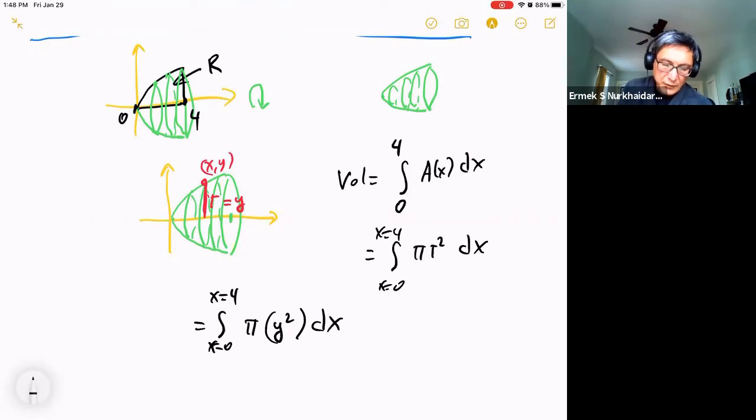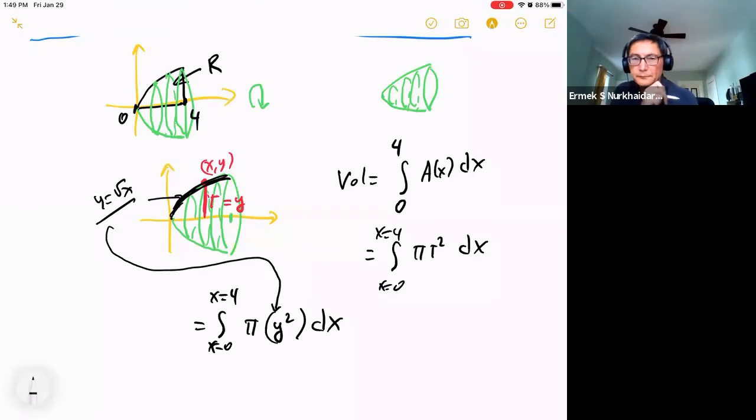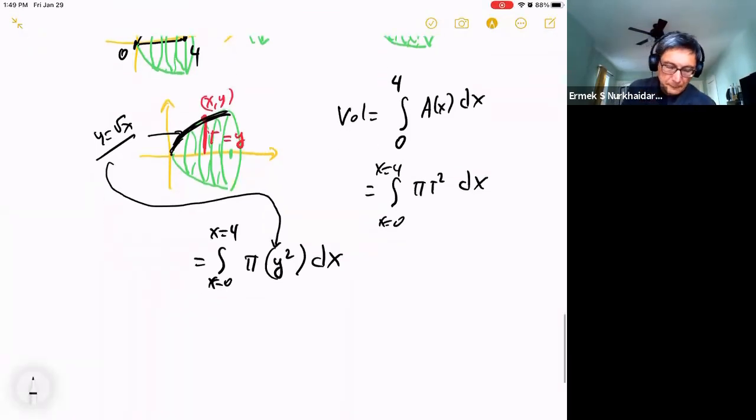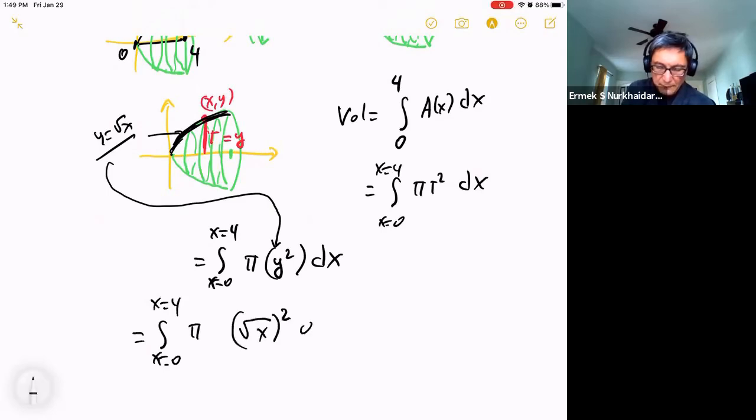Now x and y come from that curve. That curve has equation y equals root of x. So we take y equals root of x, and we substitute it for y here. So we're going to get the integral from x equals 0 to x equals 4 of pi times (square root of x) squared dx.